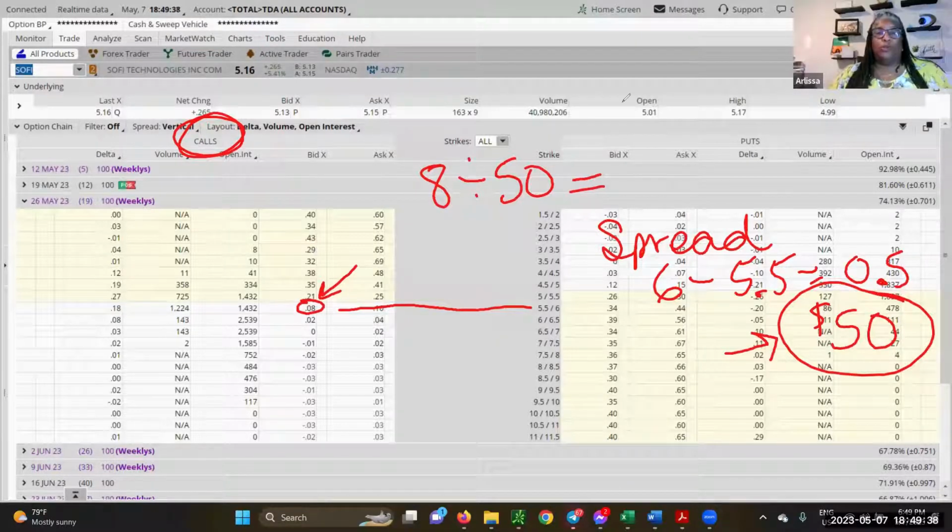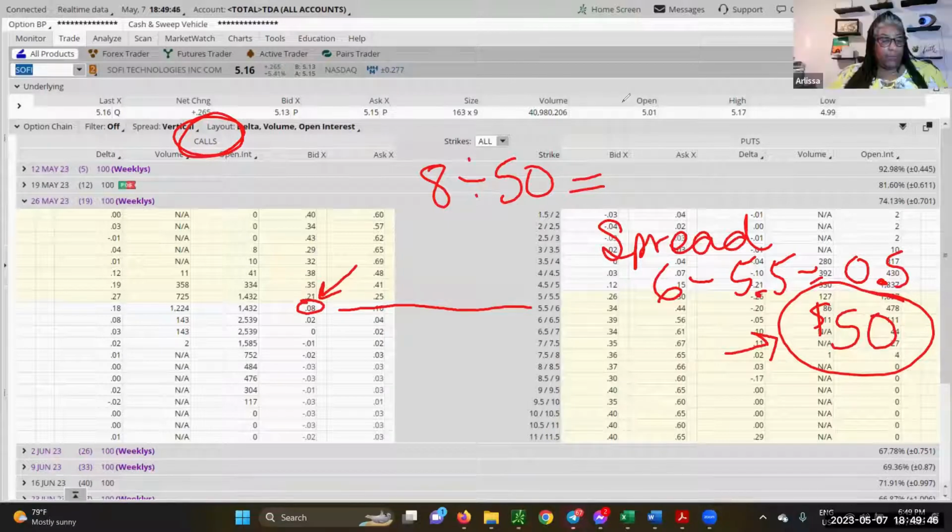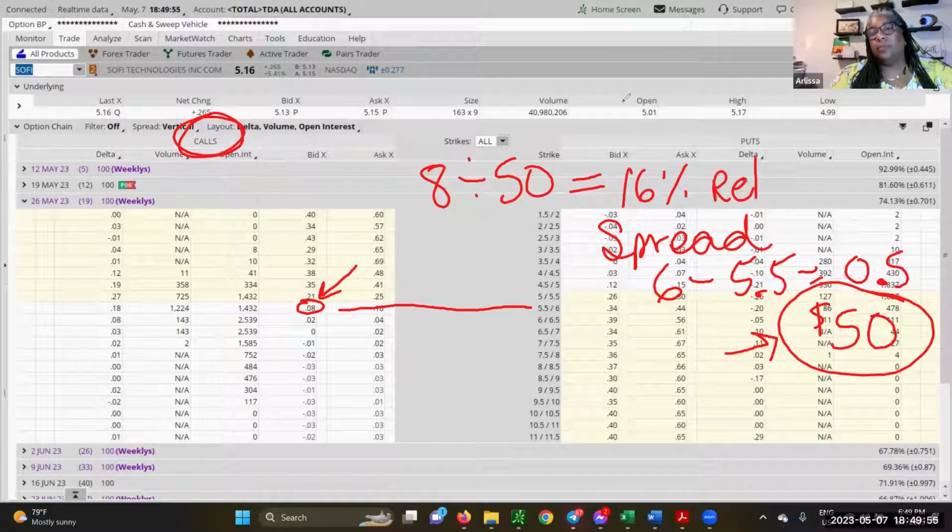What percent return is 8 divided by 50? Let me pull out my handy dandy calculator. 8 divided by $50. That's a 16% return. That's really not bad, right? 16% return on your money in 2 weeks.